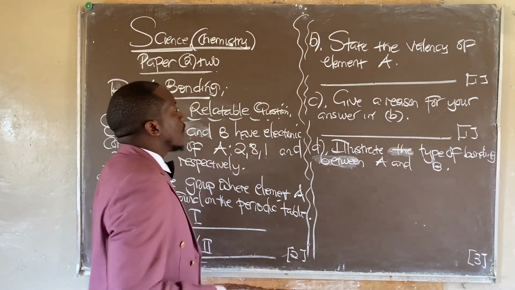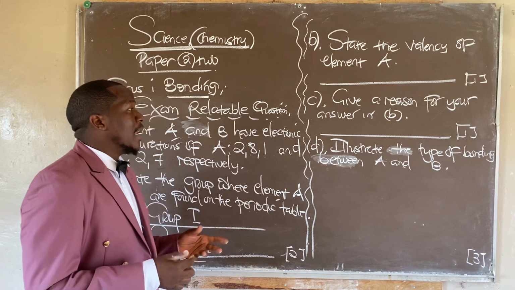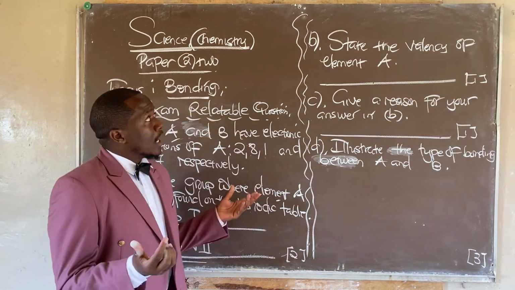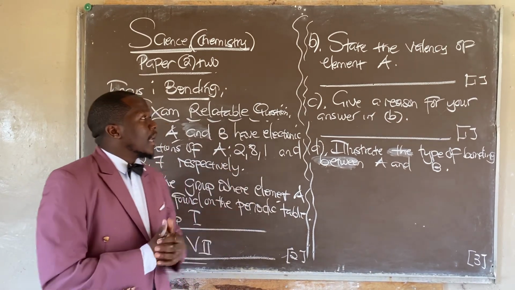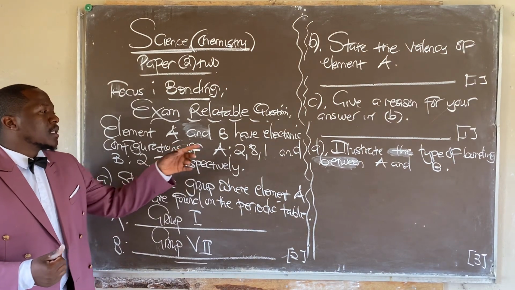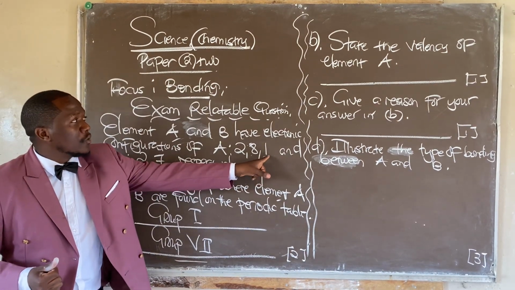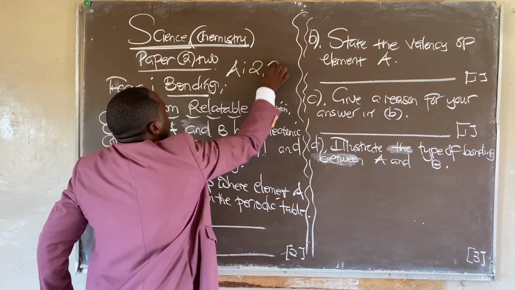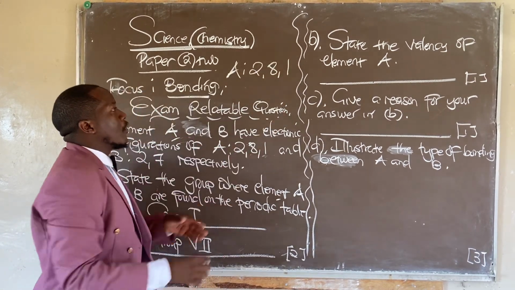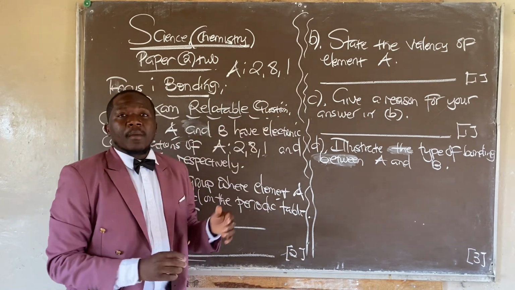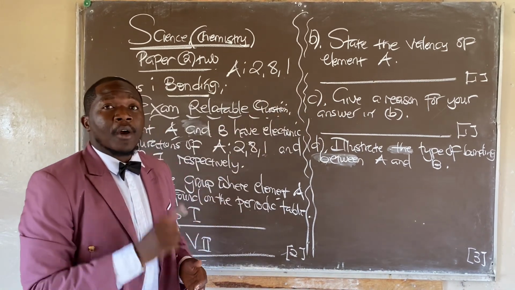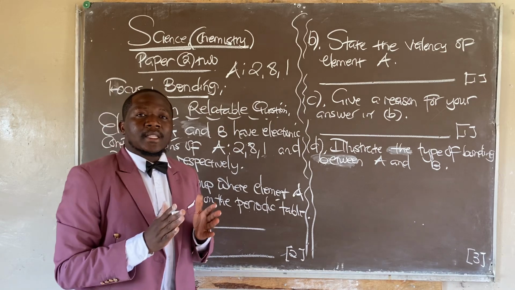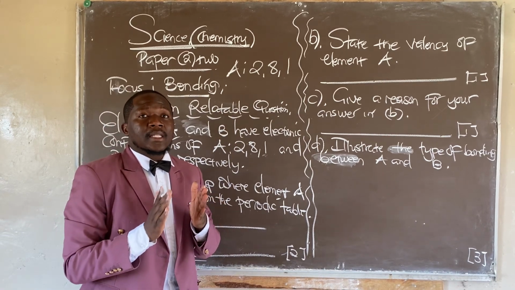State the valence of element A. The valence, where you've been given an element, will be determined by considering, for instance, the last number. So if we've got A, which is 2, 8, 1, we're going to find that every element, to be stable on the periodic table, needs at least 8 electrons in its last shell.